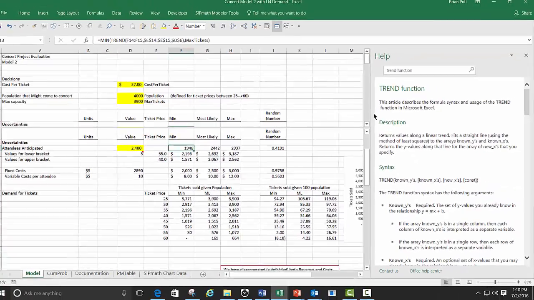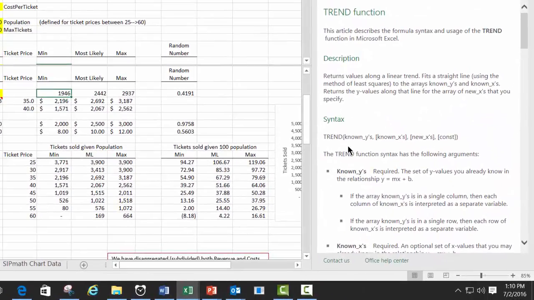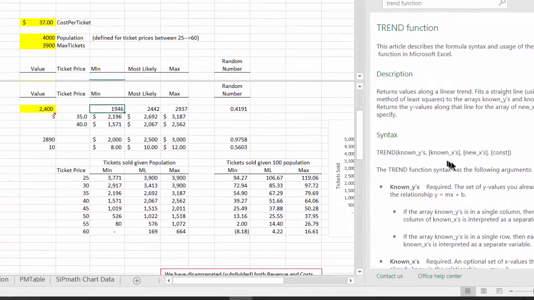What the trend function does is take the known y's, the known x's, and the new x's and calculates the associated y value. So in our case, the known y's are these tickets sold. The known x's are the prices, and the new x will be our cost per ticket.